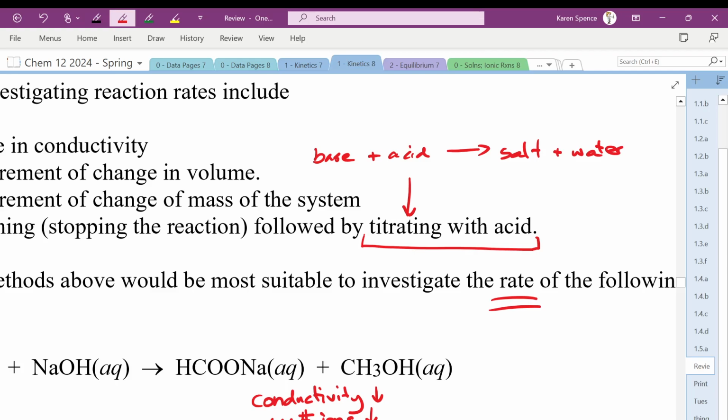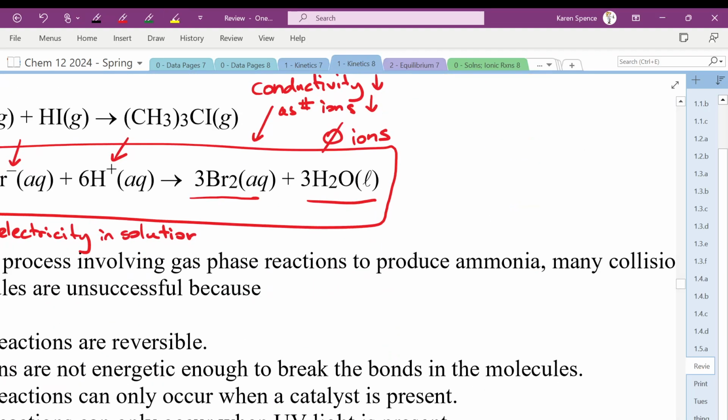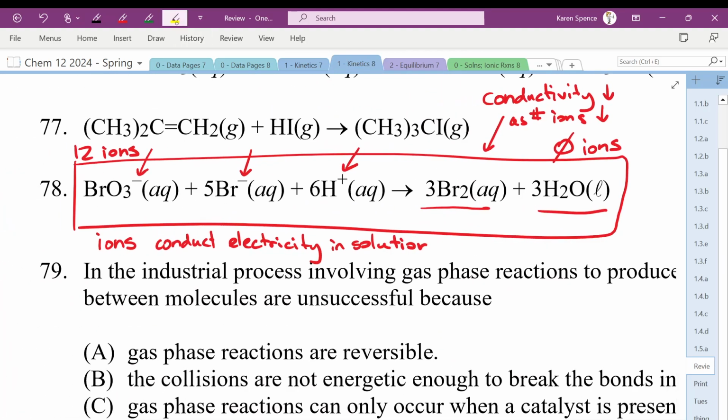So if we are titrating with an acid, that means we need a base for it to react with. And so we look at our reaction and we say, do I have a base over here? No, I have an acid, because I've got H+, and the H+ ion is the key part of the acid that makes it an acid.